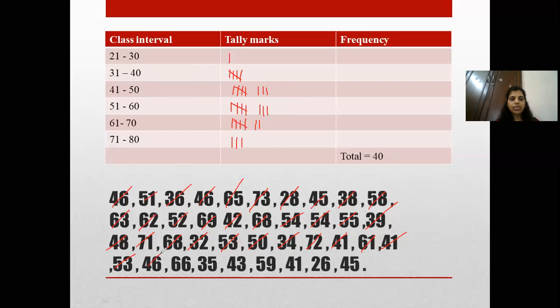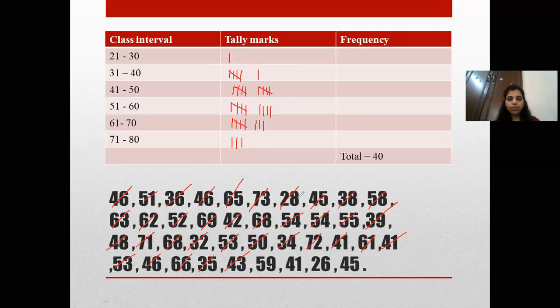46. It will be 41 to 50. 66, 61 to 70. 35, 31 to 40. 43, 41 to 50. Now you can see 4 lines completed. So 1 more line, slant line. 59, 51 to 60.